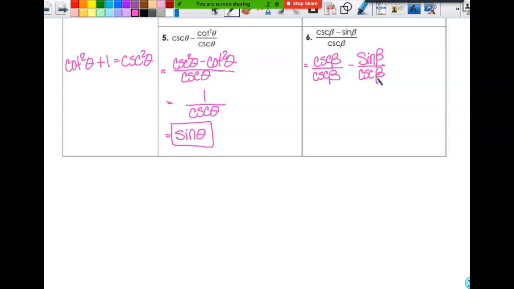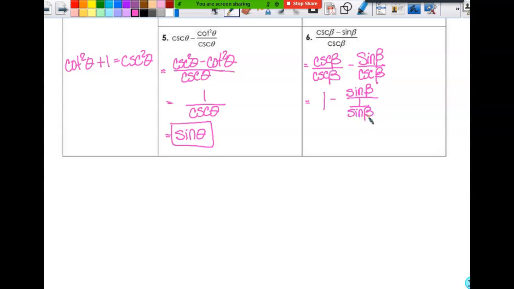So now that I've split them, that first one's going to reduce, and that's going to give me 1. Then I have the sine over cosecant, so I think I want to go ahead and make the cosecant into its reciprocal, so I would get minus sine beta in the numerator, and then the denominator is going to become a fraction because cosecant is 1 over sine beta.